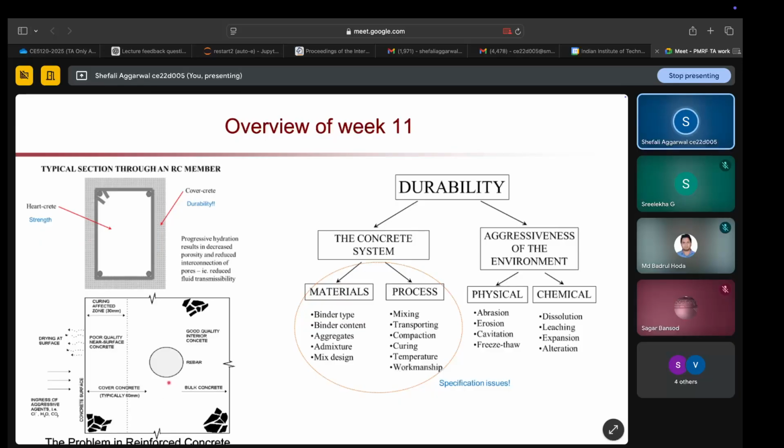In a reinforced concrete structure, here it is showing this is your rebar and this is the part of your cover concrete. This is your outer part, and if it is a poor quality surface, then the surface will dry easily and aggressive agents like chlorides, carbon dioxide, and water will easily penetrate through the concrete and your rebar will get corroded.